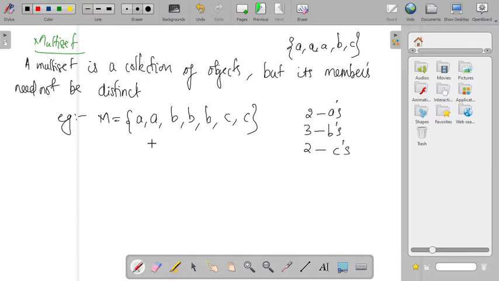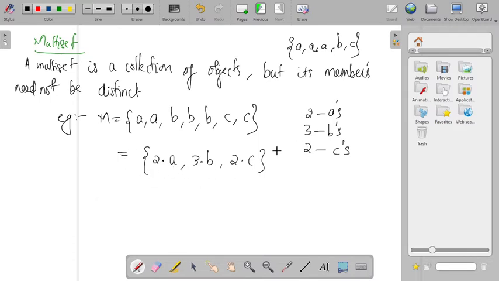So this is a multi-set where the elements are not distinct, and this multi-set is usually written in the form. So A is repeating twice, so we write it as 2 dot A, then 3 dot B, and 2 dot C. So this is how we represent a multi-set in general.